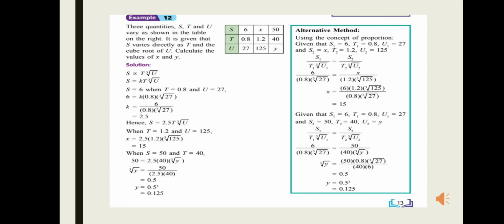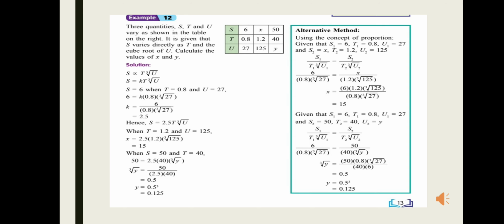Example 12. Three quantities S, T, and U vary as shown in the table on the right. It is given that S varies directly as T and the cube root of U. Calculate the values of X and Y. Solution. Write the variation relation as S α T∛U.